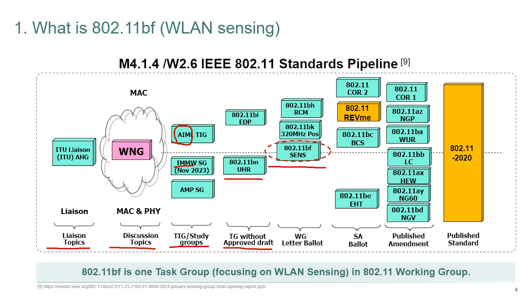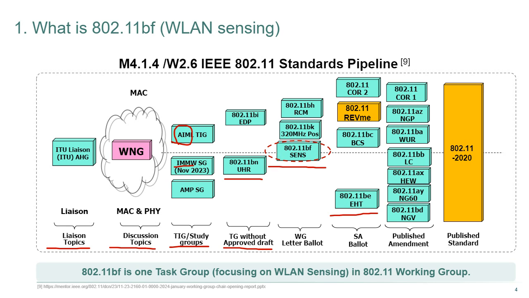It's in the phase of a working group letter ballot. The next step is the sponsor ballot. You can see here 11be, whose other name is Wi-Fi 7. It's almost at the end of the process and about to be finally published.